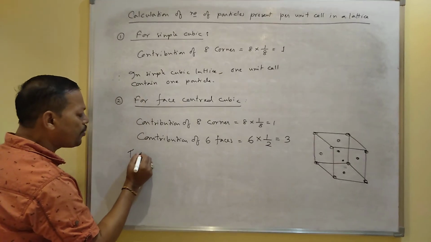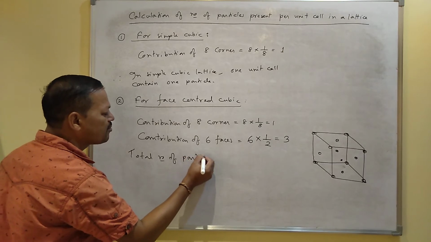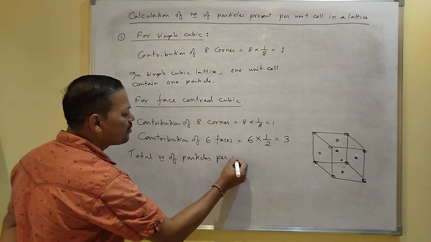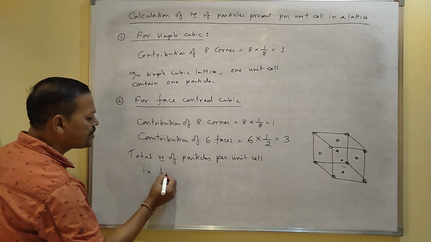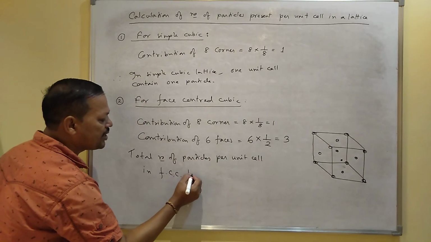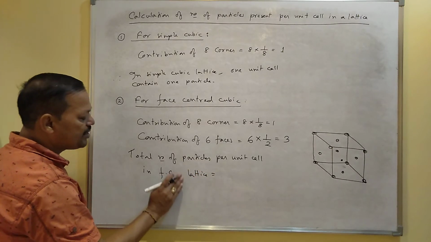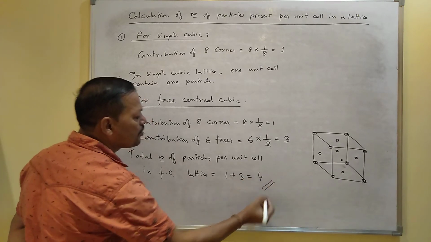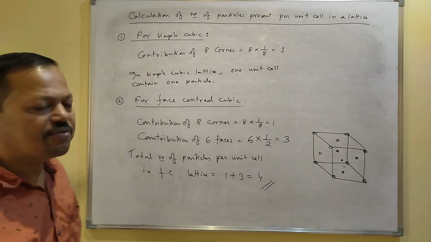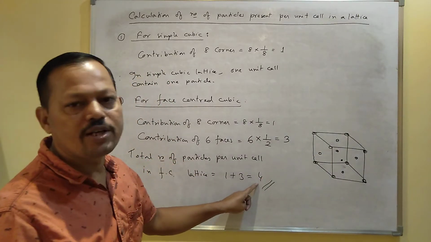So the total number of particles per unit cell, in an FCC lattice, face centered cubic lattice, is 1 plus 3 equal 4. So if it is a face centered lattice, the number of particles in one unit cell is only 4.